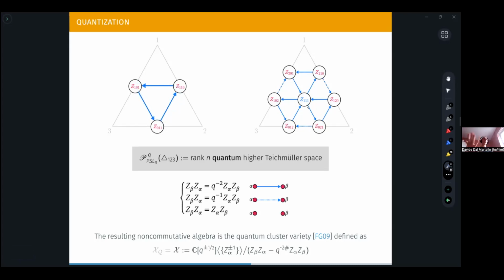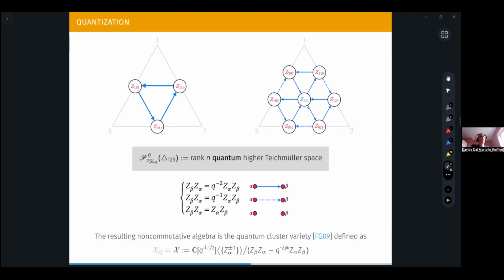Then you complete the rest in a natural and coherent way, with just a little caveat: whenever an arrow sits on one of the edges of the bigger triangle we start with, it has to be dashed.